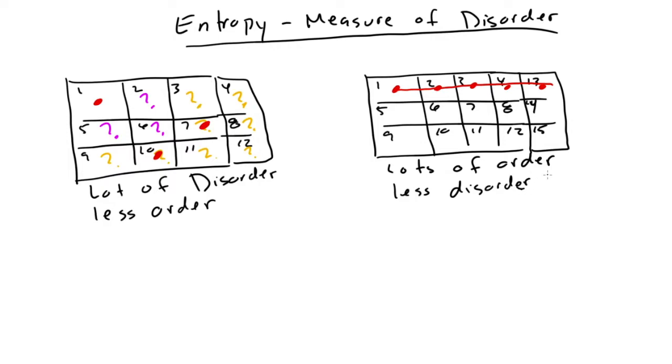And so entropy is a measure of disorder. And so if something's going to have a lot of disorder, like something over here, we're going to say the delta S for this is going to be some positive number. It's going to increase. The amount of disorder is going to increase if we have something like this.